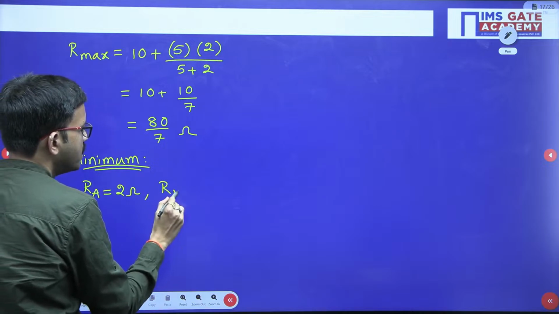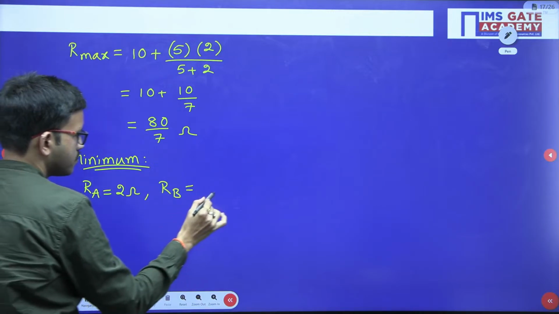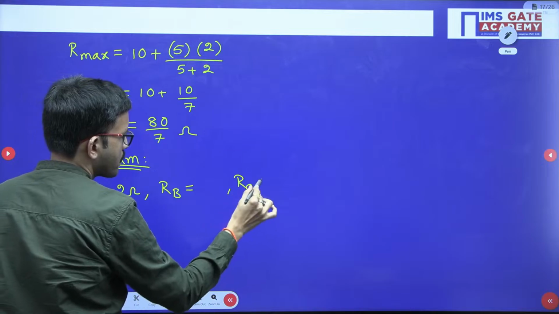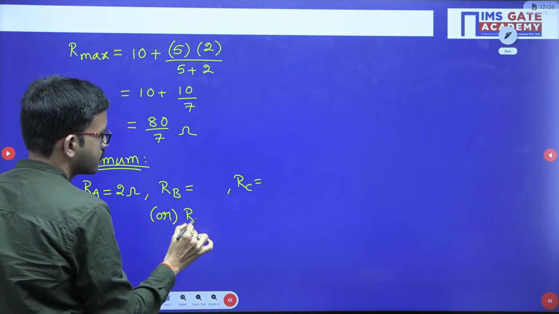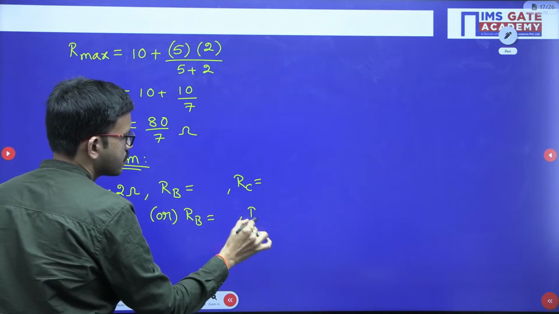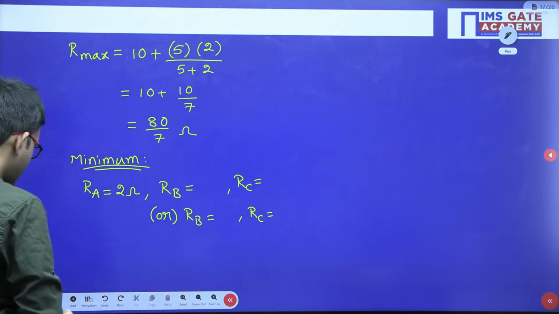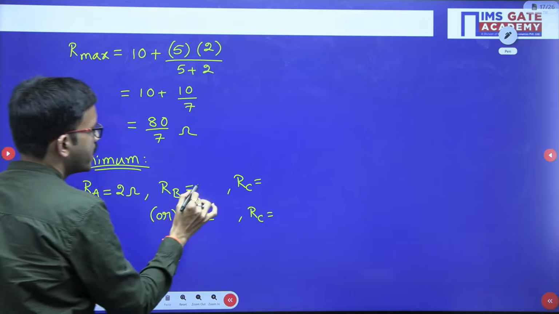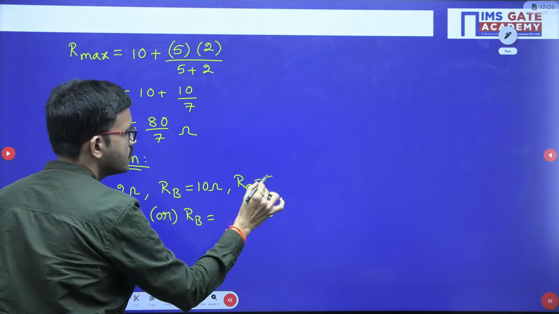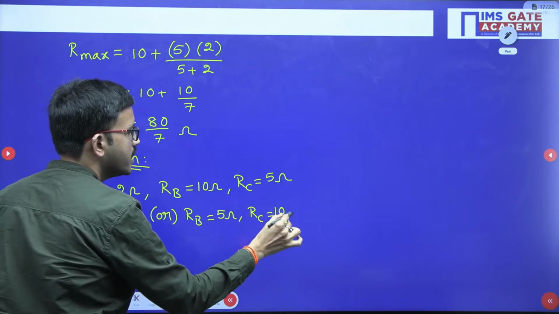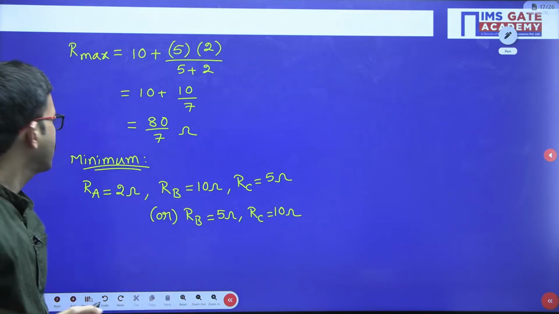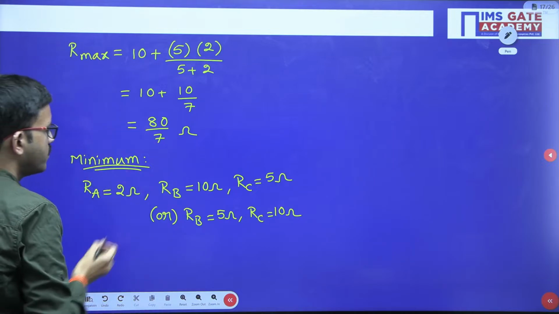So RB, RC: whatever other 2 resistors you have, 10 ohm and 5 ohm, you can consider in any order, like 5 ohm, 10 ohm, no problem. In this case a similar formula applies.